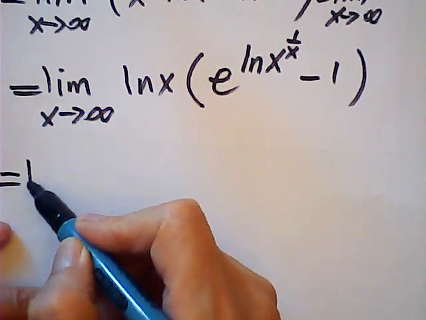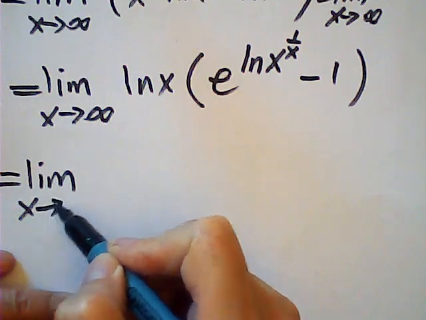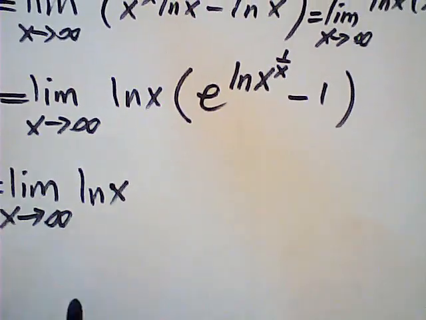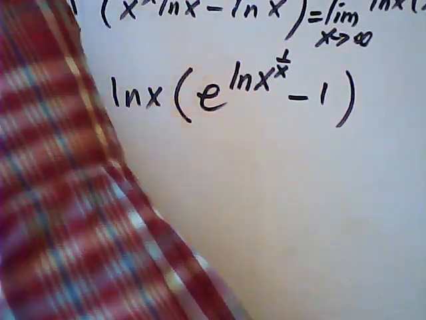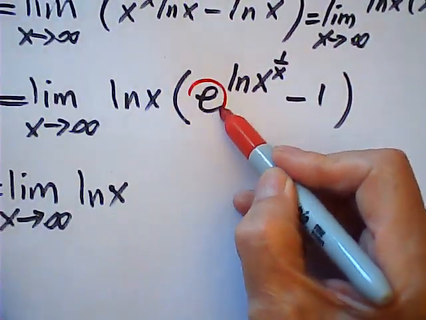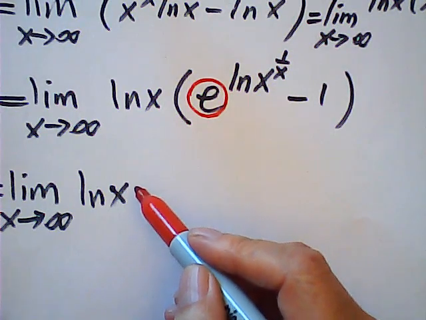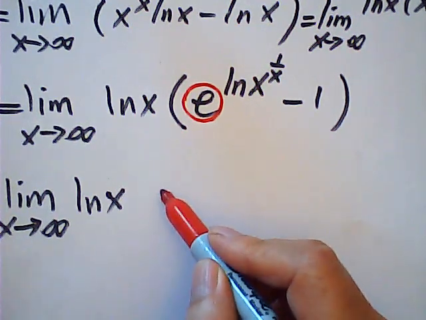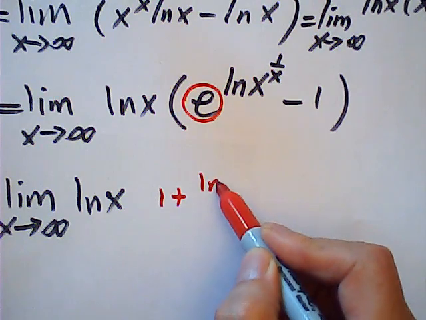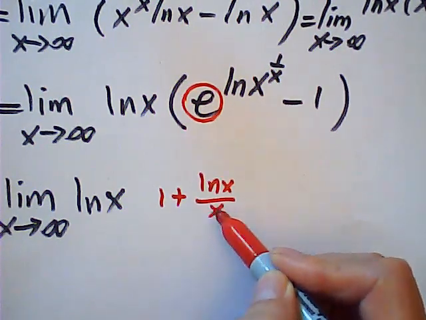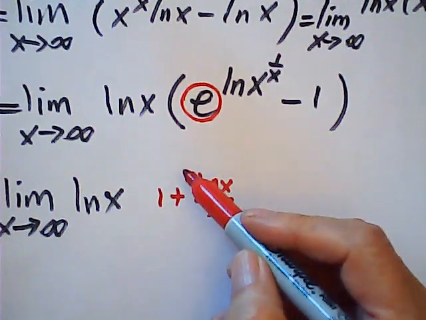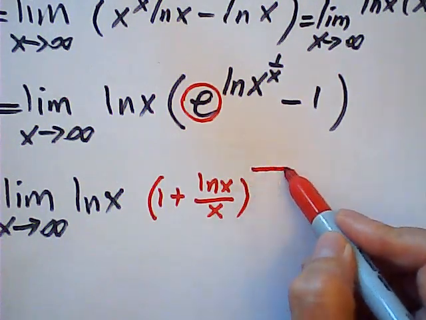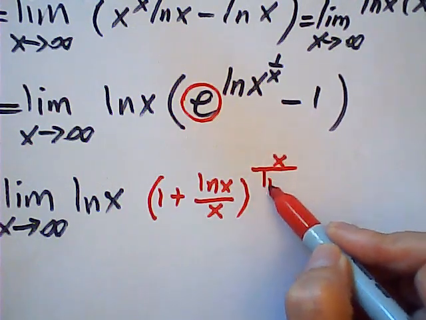And then log x. This e could be written as, well, (1 plus log x over x) to the power of x over log x.